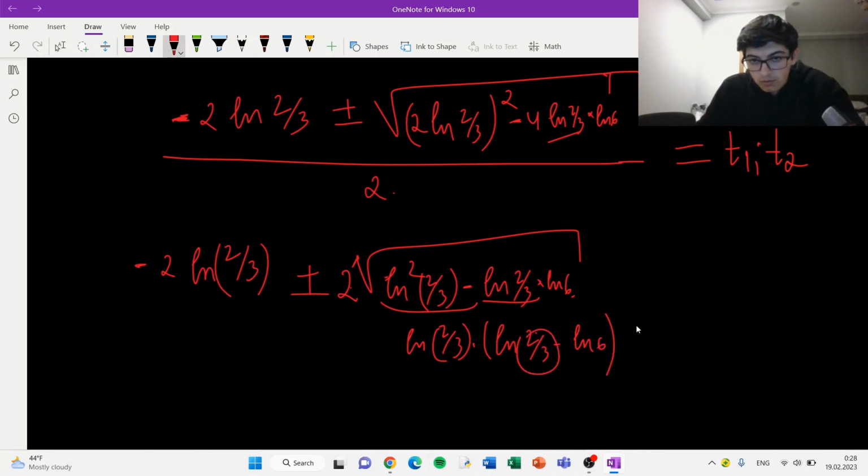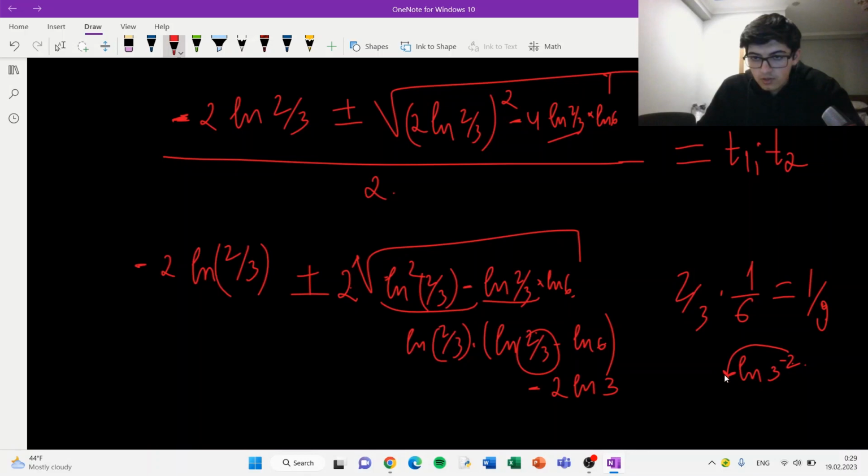What is it going to be equal to? 2 divided by 3 divided by 6, which is 2 divided by 3 multiplied by 1 over 6, and this is equal to 1 over 9. And we can write it as minus 2 ln 3. This is ln 3 to the power minus 2. Then we put minus 2 here. This is another property of the logarithmic function.